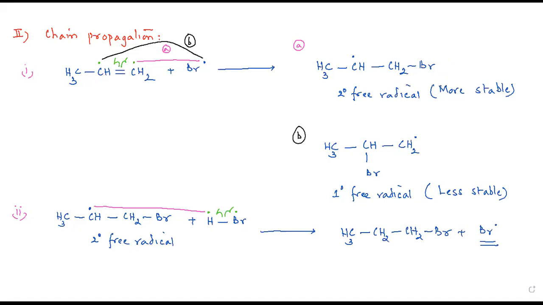Now in chain termination step, as usual, any two free radicals may combine. Let's see. Third one. Chain termination. Any two free radicals. Maybe the two bromine free radicals. When these two combine, of course, we get a bond between them.